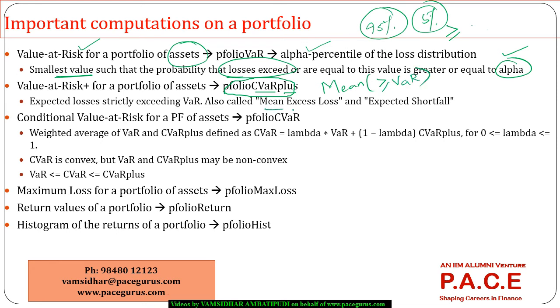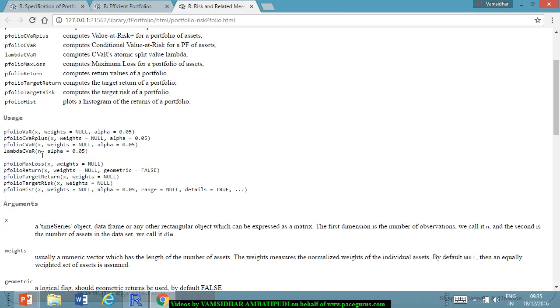So we are looking at the losses, their expected value, which is the mean, the losses which are exceeding the VaR. That's the reason they have different kinds of names. In some cases we call them expected shortfall, ES, or mean excess loss, the losses which are exceeding the VaR. So that is what we can get through portfolio CVaR plus.